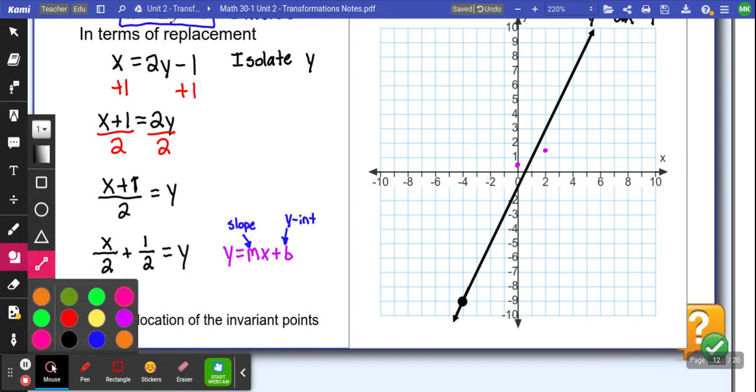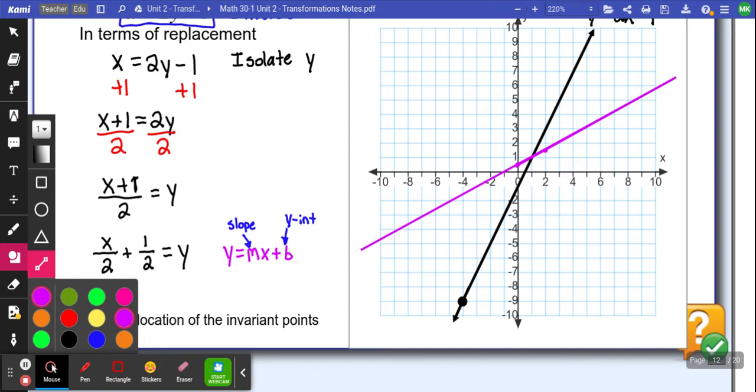And I'll give you some key points for when you draw it. So key points that I have. My y-intercept was at 0.5.